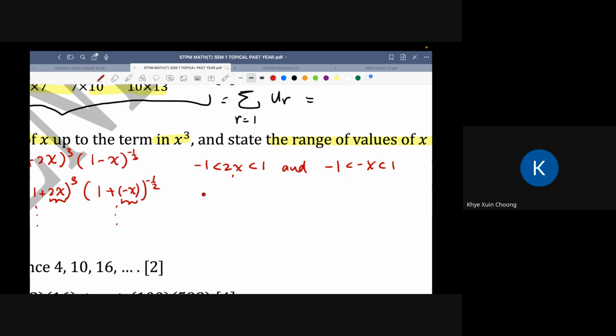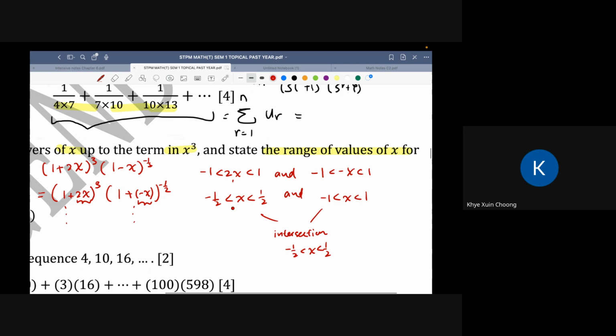So you solve this, you should get x greater than negative half and less than half. This one should get the same thing. You can draw the number line and find the intersection. The intersection should be this one. If you are not sure, you can draw the number line.